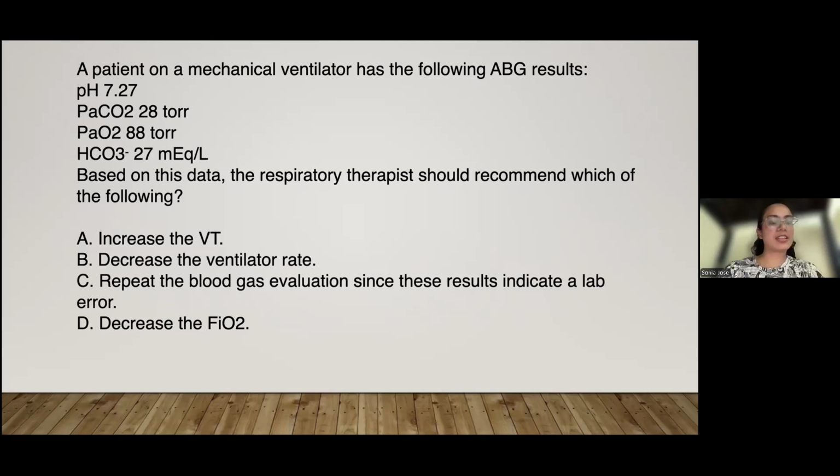And if PaCO2 is decreasing, the pH should increase too. But the pH here is 7.27. That is not happening. If pH is 7.27, the PaCO2 should increase to more than 45, or the HCO3 should decrease to less than 22. Both of those are not happening here. So it is a lab error. You can't interpret this ABG.